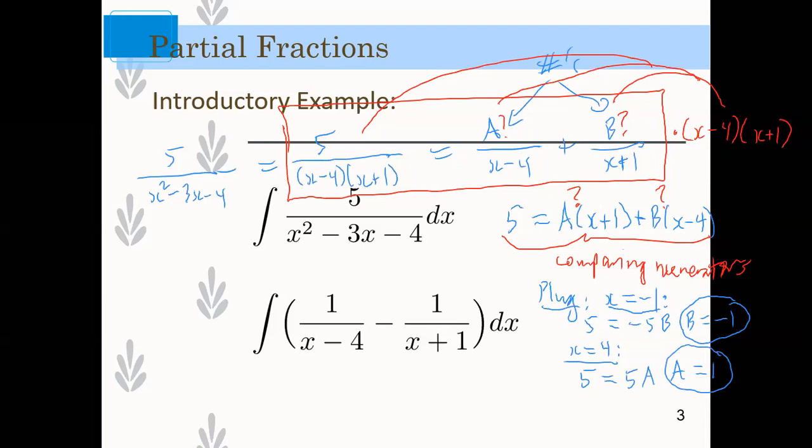So what we have shown in essence here is that this guy right here, after we do all the factoring and then set this thing up and try to figure out how to break it apart, is equal to this guy right here, just as we suspected. These two things are equal to each other.